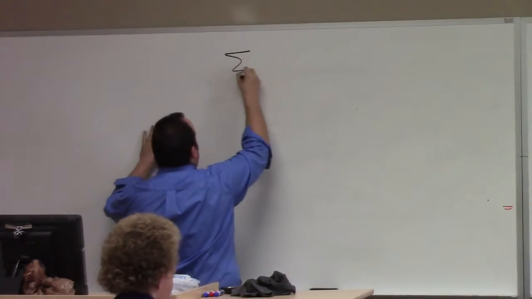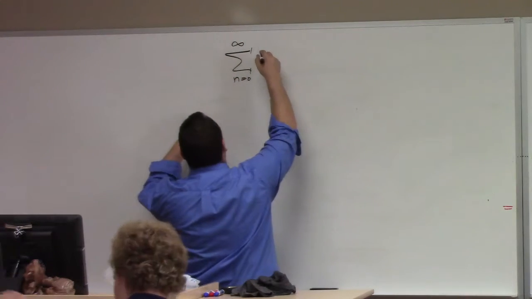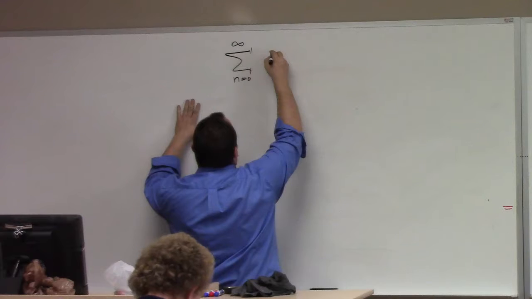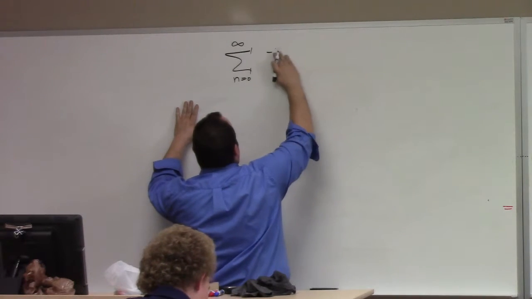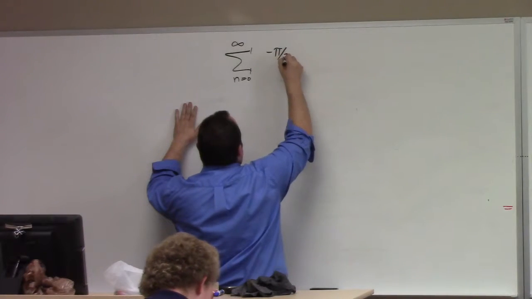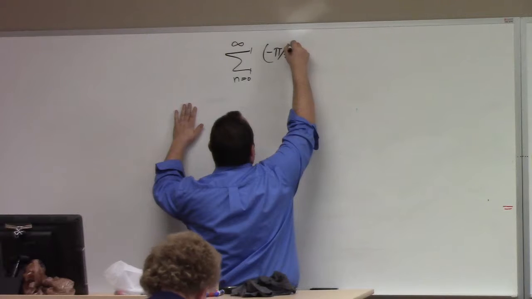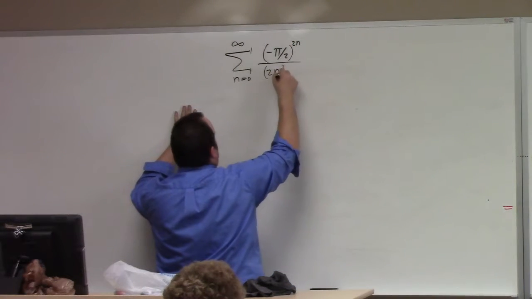Well, while we're waiting, find the sum of the series for me. Sum n equals 0 to infinity of, how about this, minus 1 to the n, pi over 2 to the 2n divided by 2n factorial.